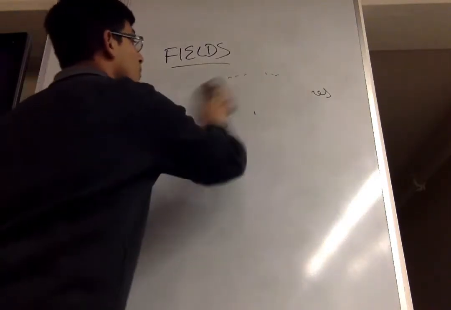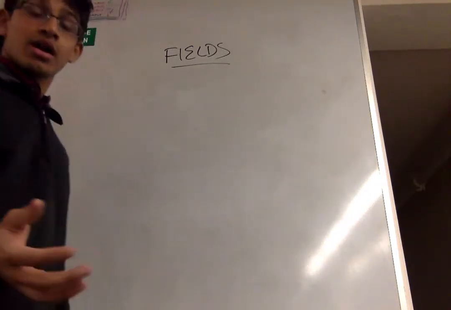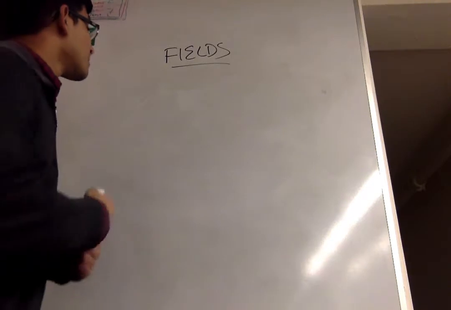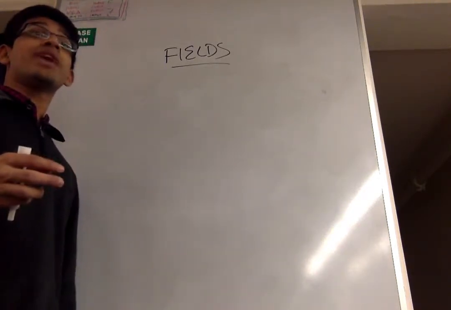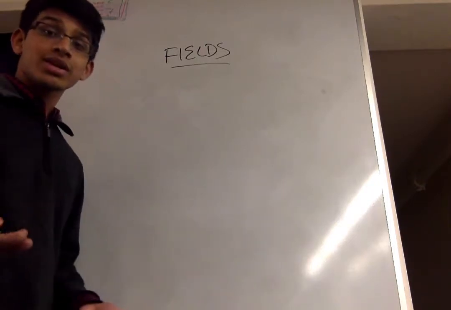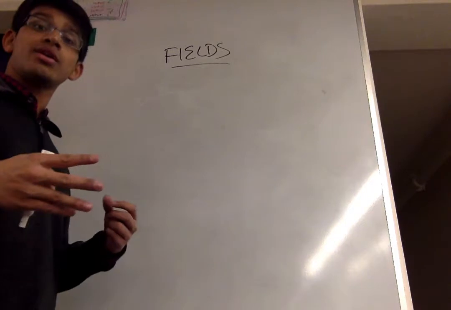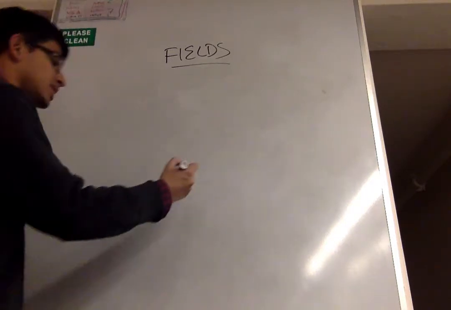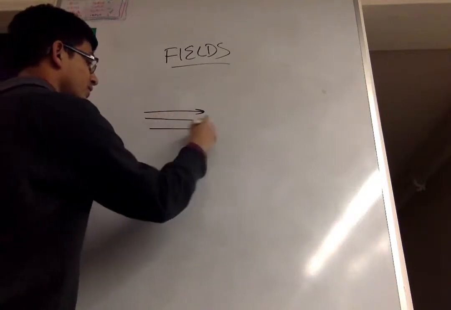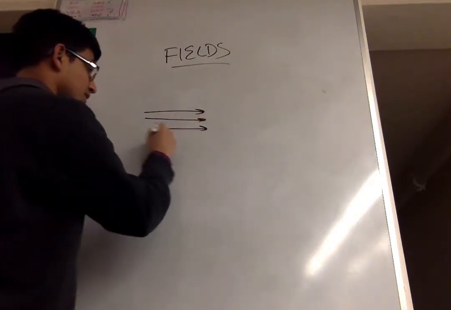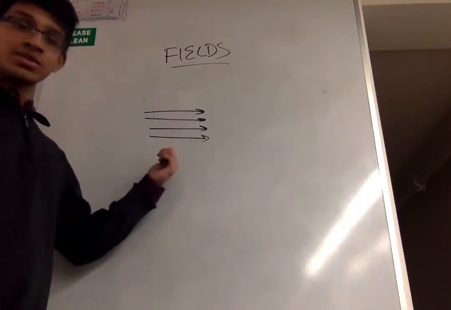Before, I'd like to add one more thing about the magnetic field lines. Much like electric field lines, with magnetic field lines you can find out a measure of how uniform they are based on the density of the lines. So suppose we have a magnetic field that looks like this. I'm just going to assume that I drew this uniformly.